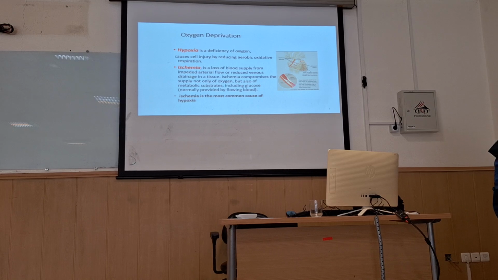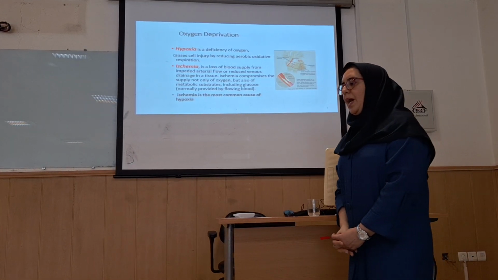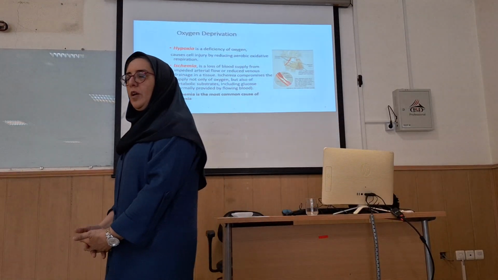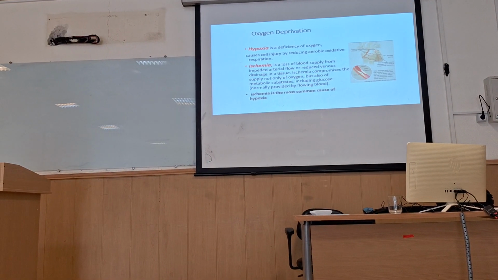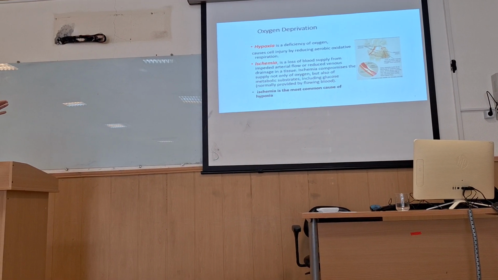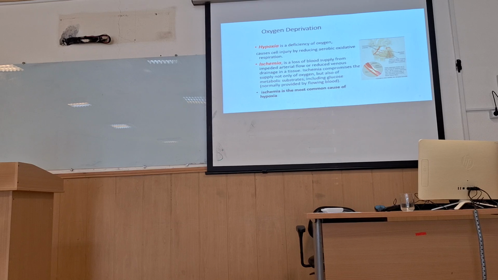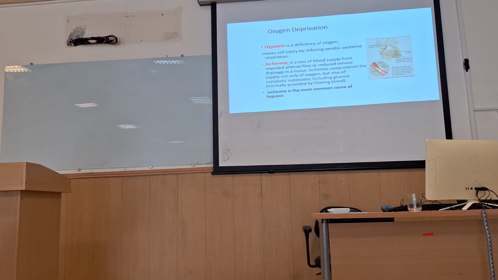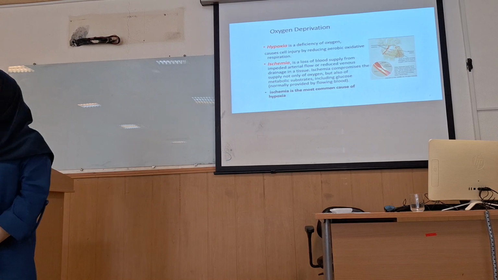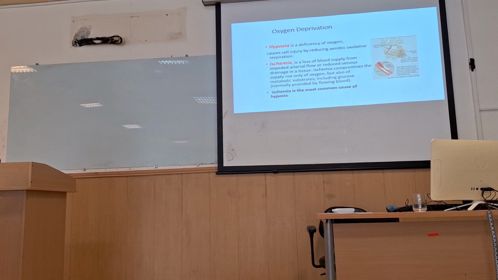We lose oxygen and other nutrients, for example, glucose and other needed nutrients. So, ischemia has more severe damage than hypoxia. And the most common etiology of hypoxia is ischemia.